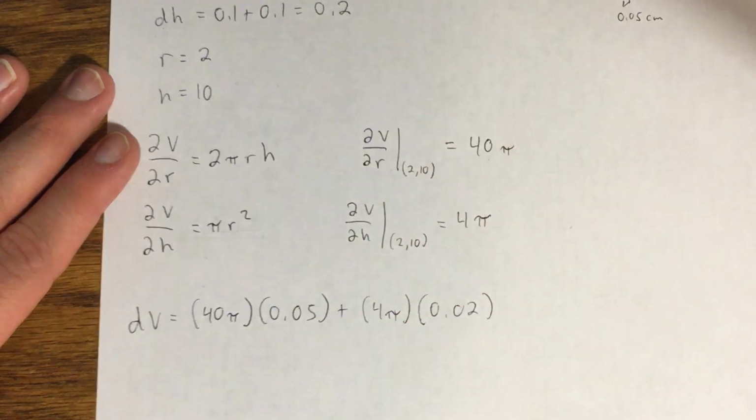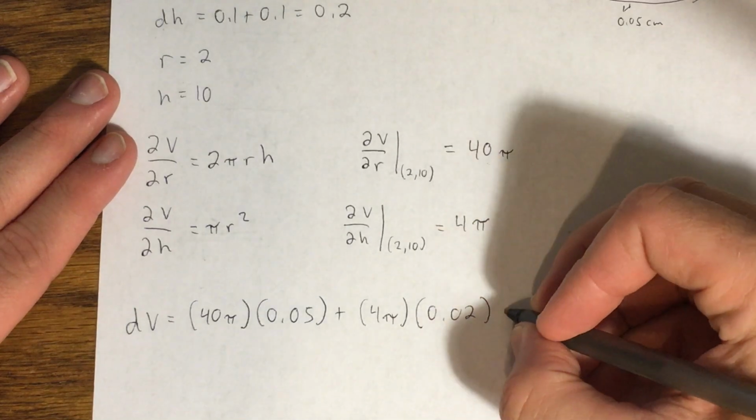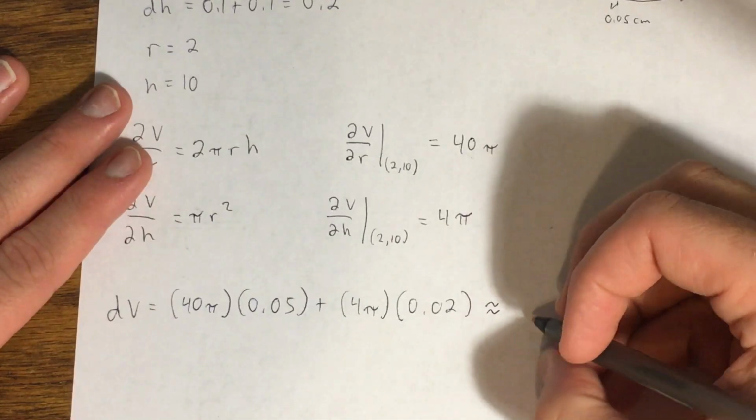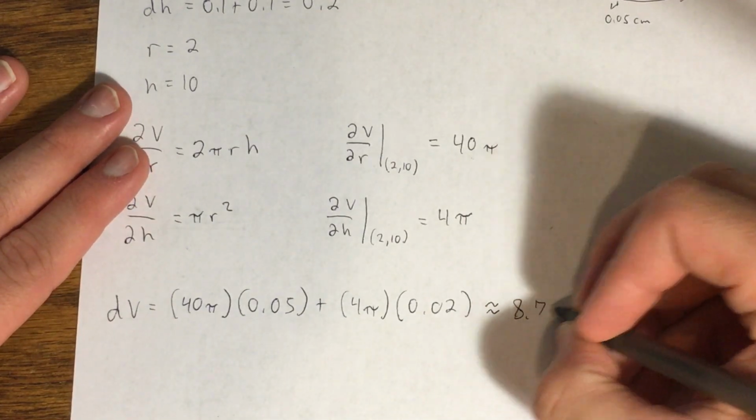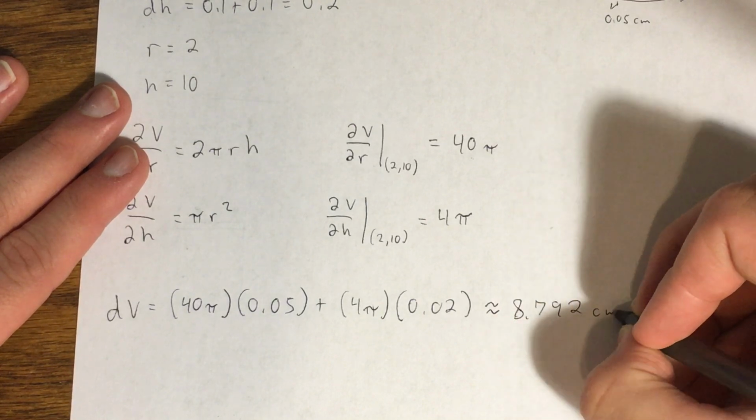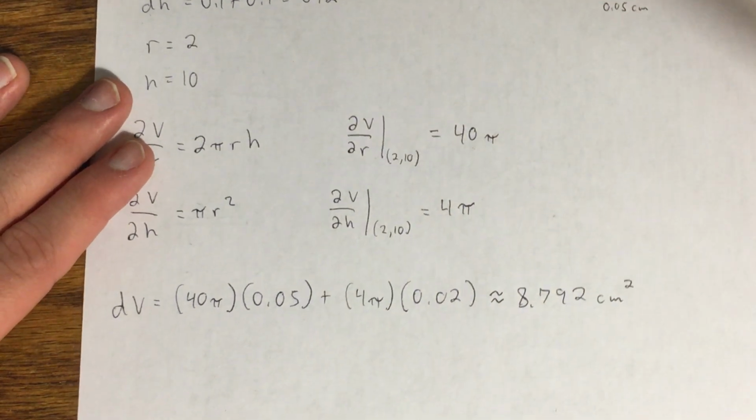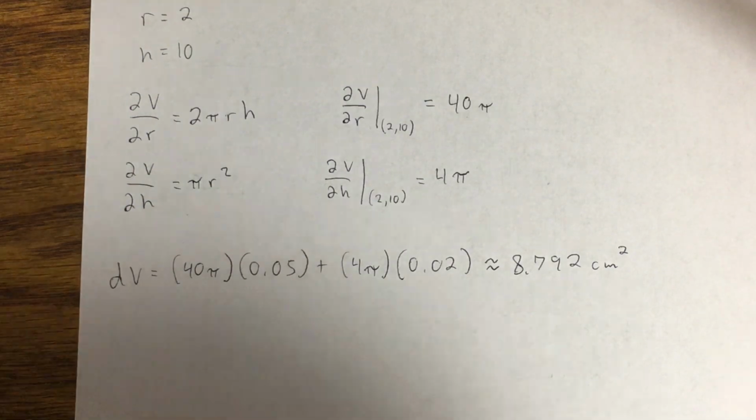That was dh. Okay, that goes into a calculator, and we get an approximate value of about 8.792 cubic centimeters of metal. Okay, so that's it for 14.4.